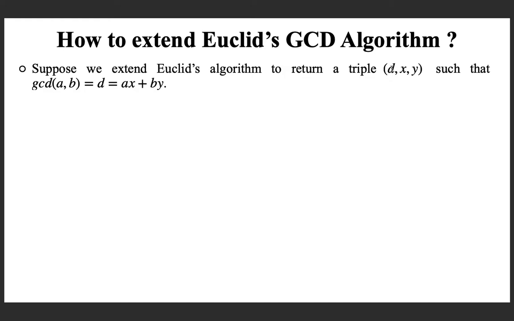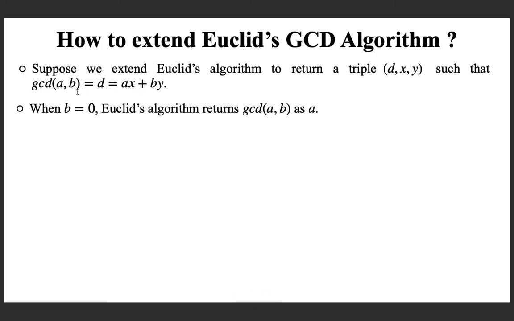The original Euclid's algorithm returns only d, which is the GCD of A and B. Here we need to extend it to also return x and y such that d, which is the GCD of a and b, is equal to ax plus by. So we want to find x and y such that the GCD is the first argument multiplied by x plus the second argument multiplied by y.